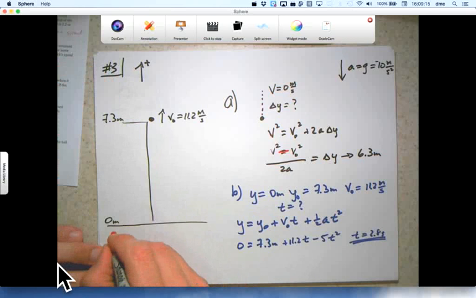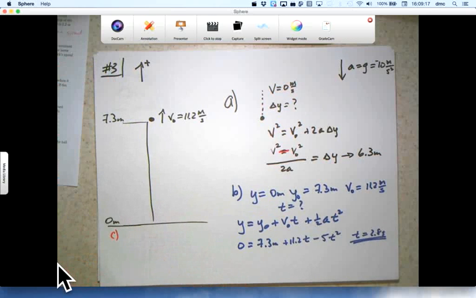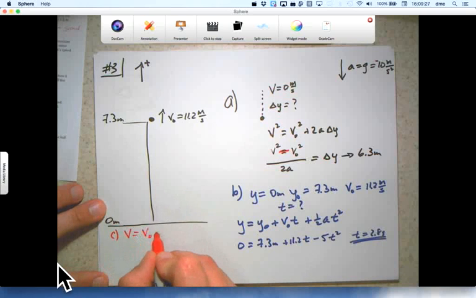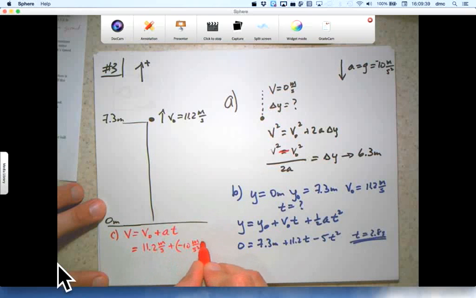So part C, what is the final velocity after being 2.8 seconds in free fall? Final velocity is equal to the initial velocity plus the acceleration times time. So in this case, the final velocity is equal to 11.2 meters per second plus negative 10 meters per second squared times 2.8 seconds.